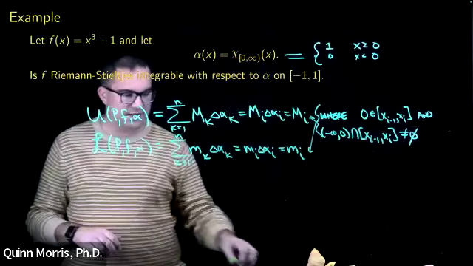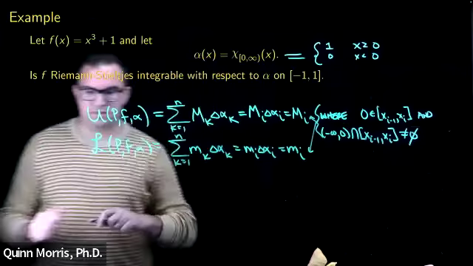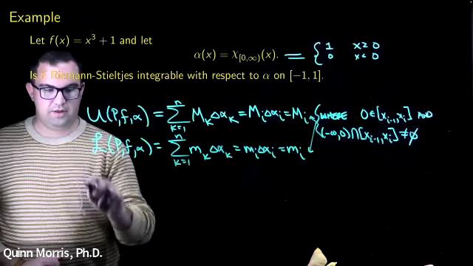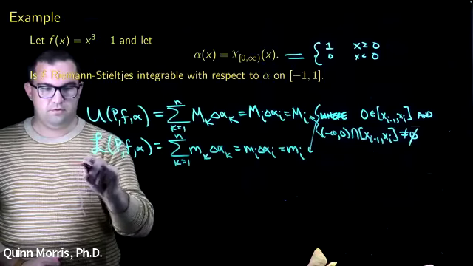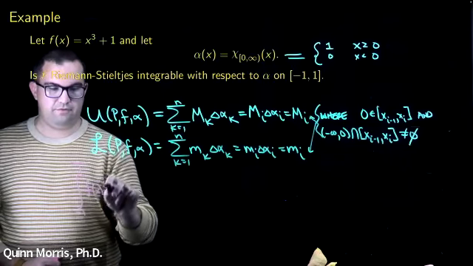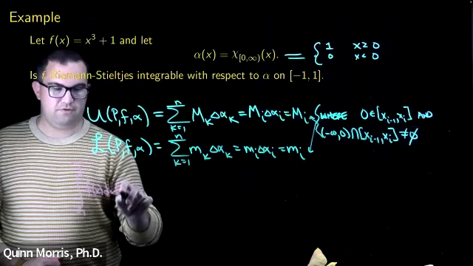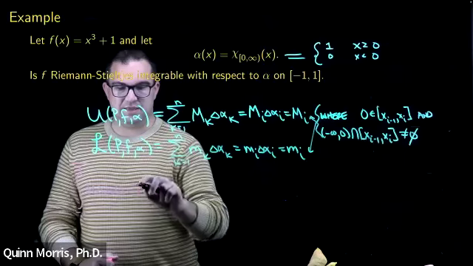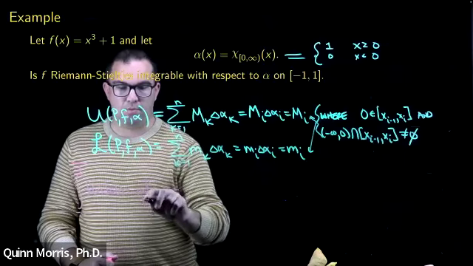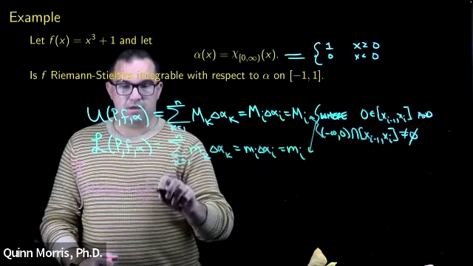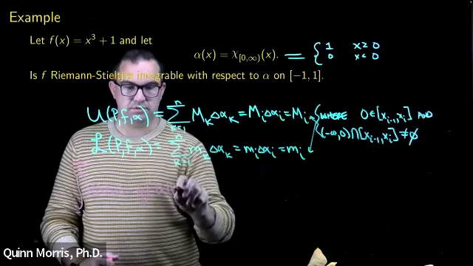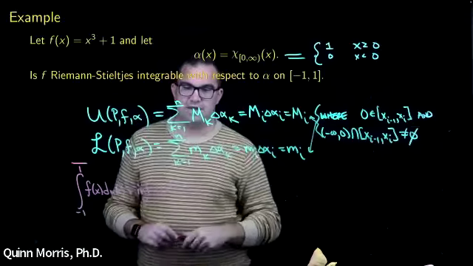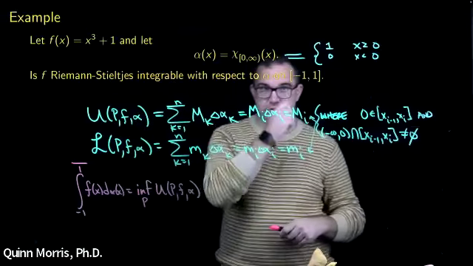Okay, so now that I know that, I might want to think about what is, say, the upper Riemann integral of f d alpha x? Well, by definition, this is the infimum over all partitions of the upper sums of f with respect to alpha over those partitions.